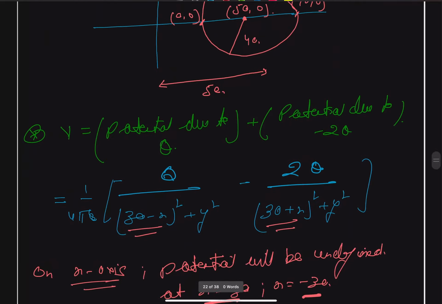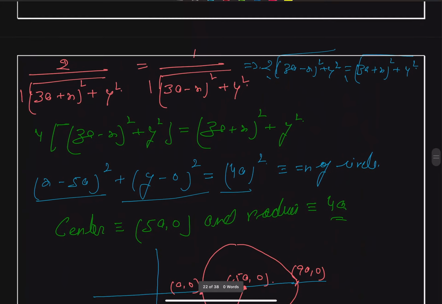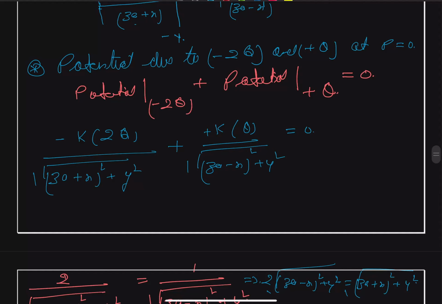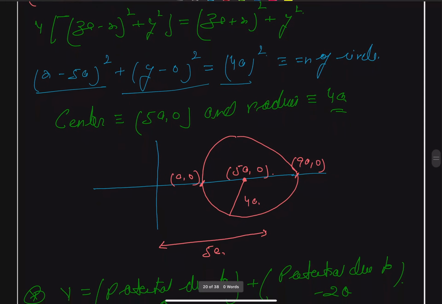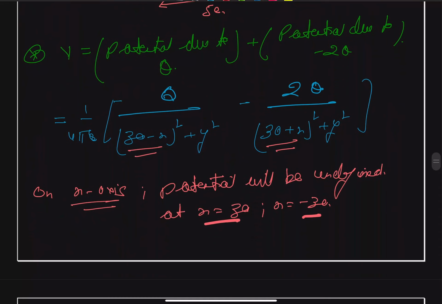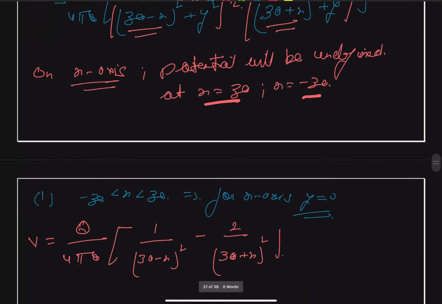Here I forgot to put the square root. So let me write this as power 1 by 2 and this also over 1 by 2.